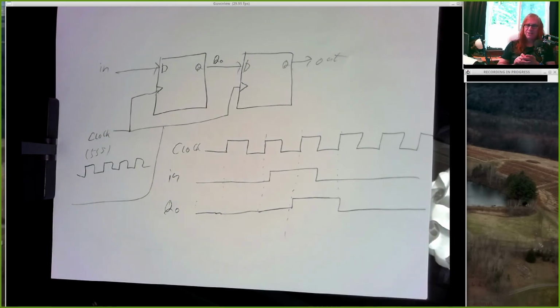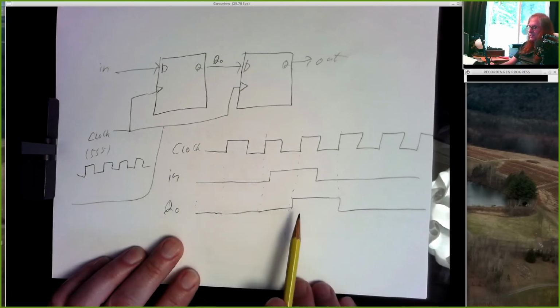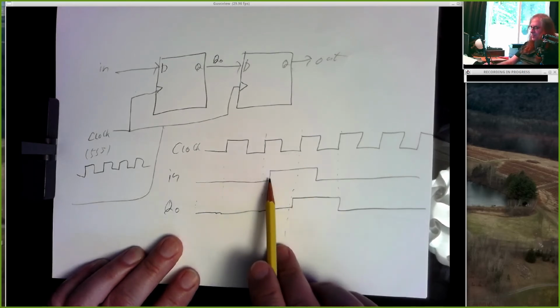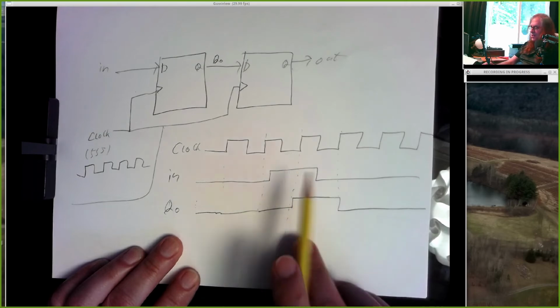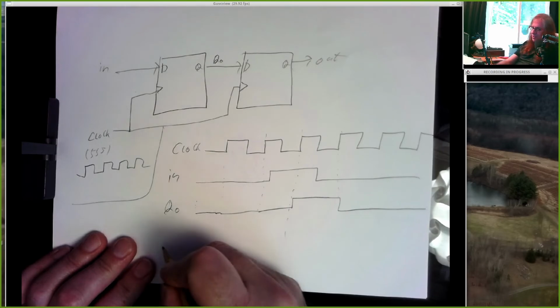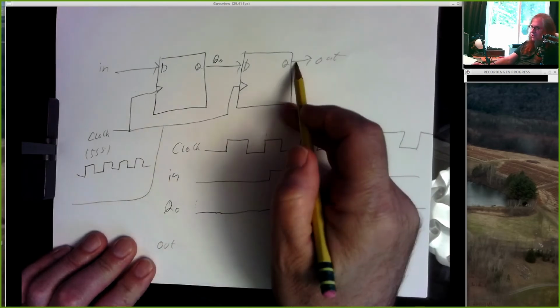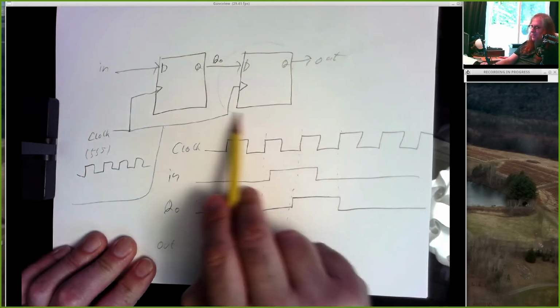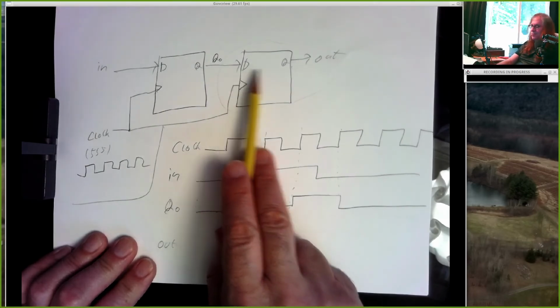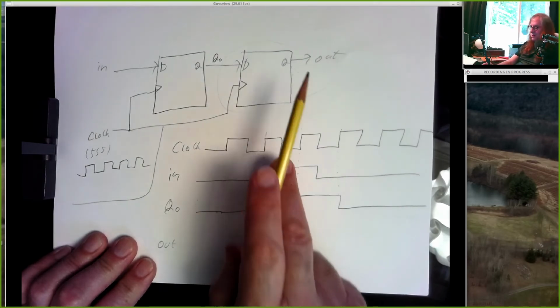But it's not a good enough delay for us. The delay is happening because our input doesn't get copied to the output until the next clock tick. But you know, if this input changed right before a clock tick, this delay would be really small. But let's take a look at what the output of the entire circuit looks like. So this flip-flop, on the rising edge of the clock, takes whatever Q0 is and loads that into its output.